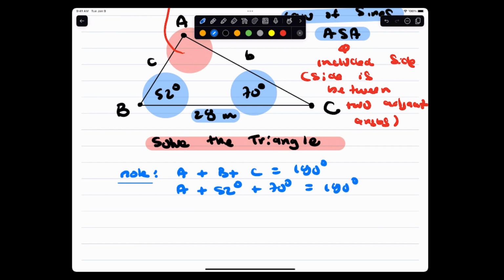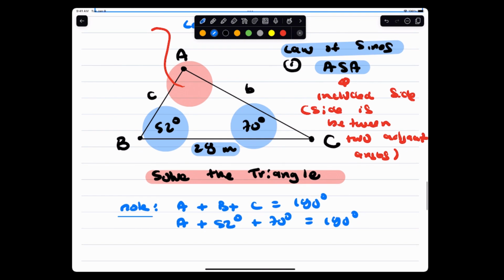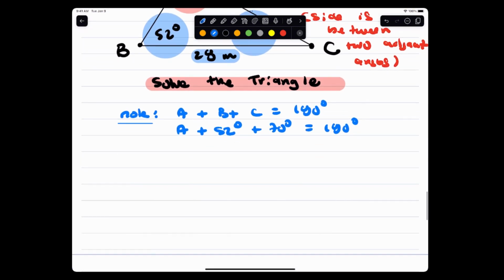Do you guys agree with that statement? Because the sum of the interior angles for any triangle is 180. So how do I solve for A? We subtract 52 from both sides, and we subtract 70 from both sides. Is that true? And what do we know about A? A will be 180 degrees minus 52 degrees minus 70 degrees.